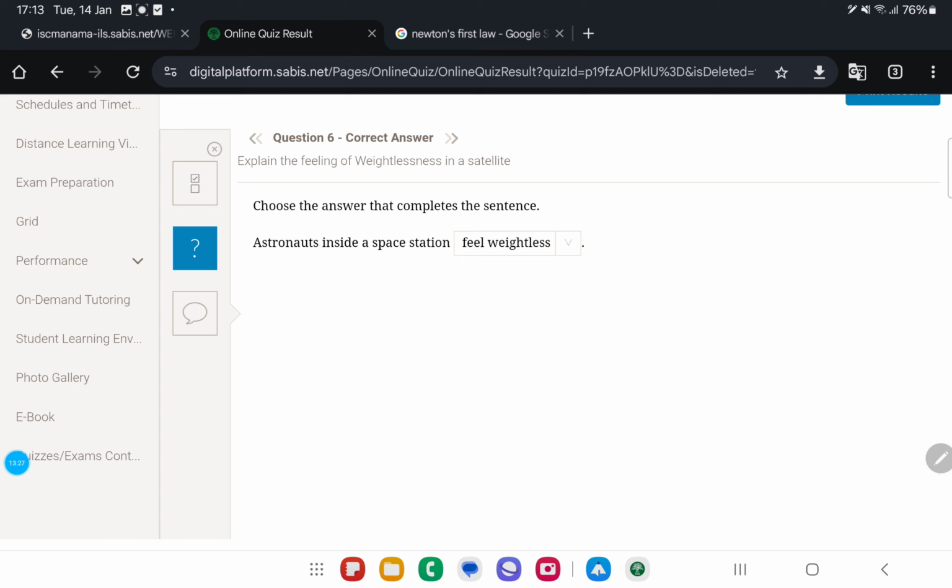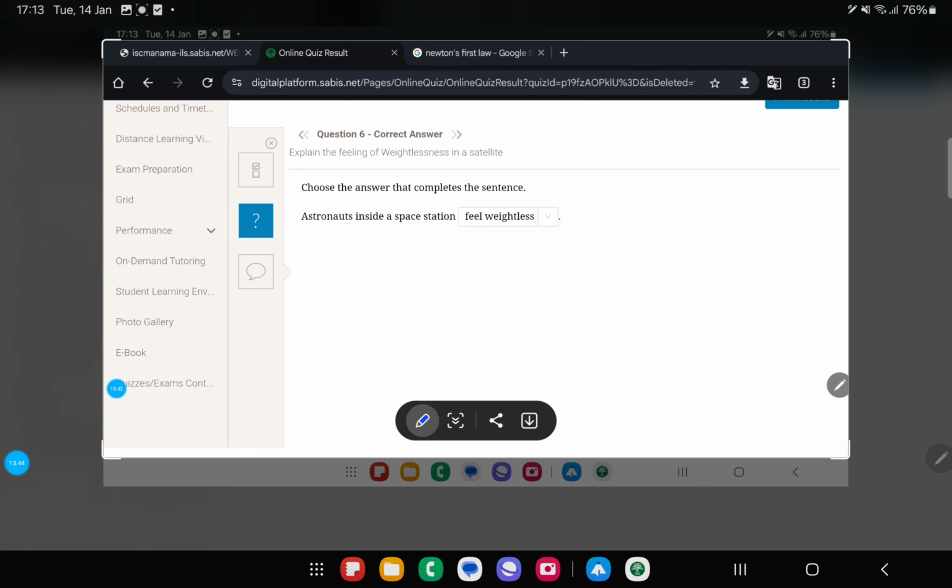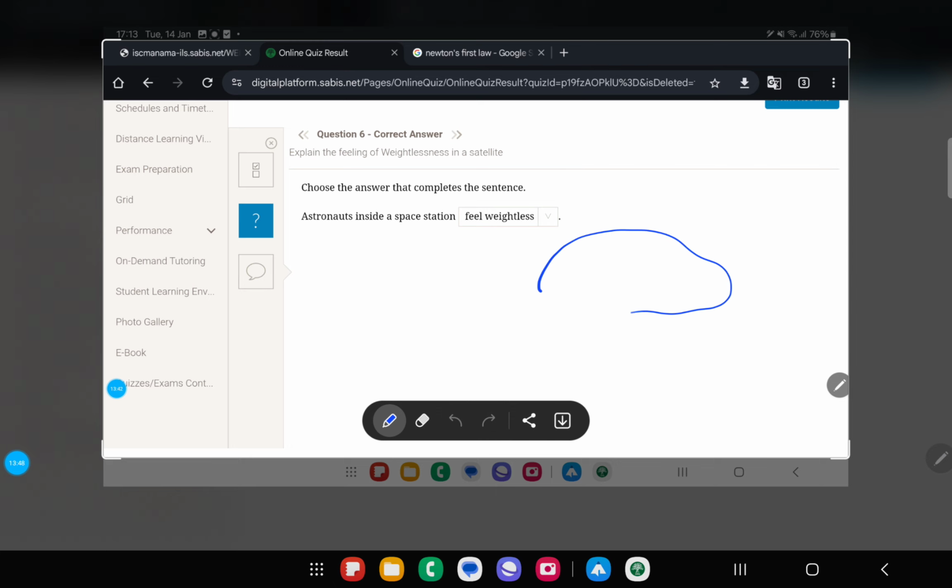Astronauts inside the space station feel weightless. Well, yes, they feel weightless because they are in free fall. Of course, they feel weightless. You've seen those movies when the astronauts are in a space station or a spaceship, and they float, right?